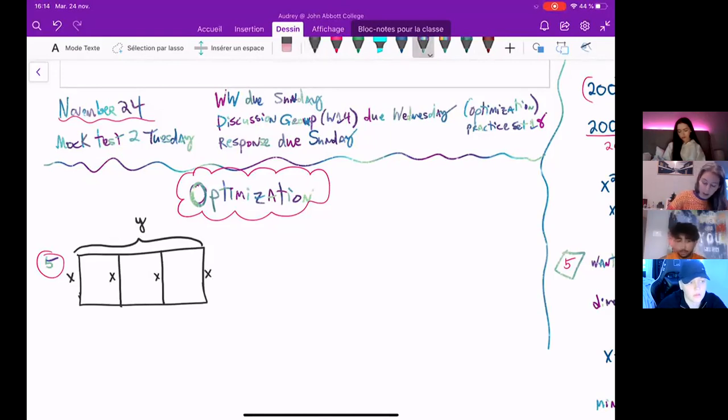So in my first step, we want to write down the function we are trying to optimize. So here we want to maximize area, and specifically total area. So in other words, not just the area of one of their spaces, but the area of the whole thing.